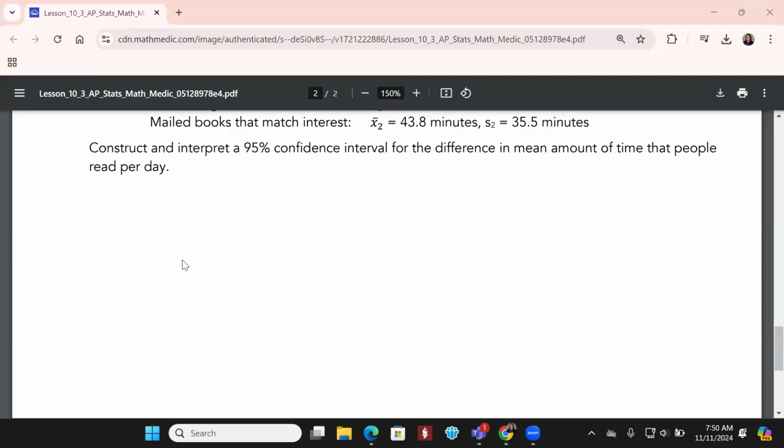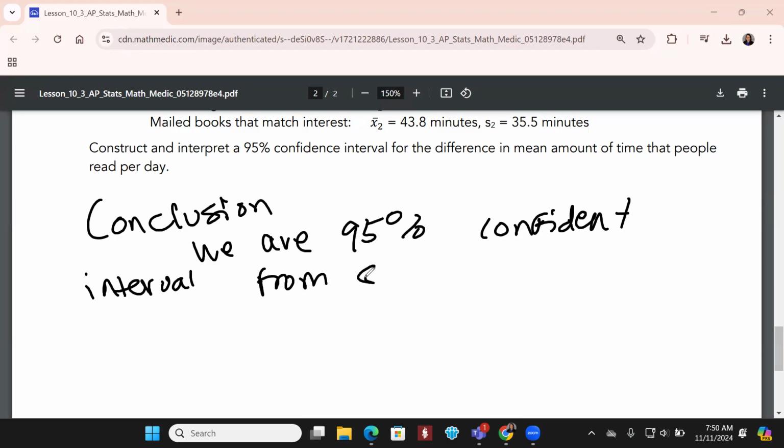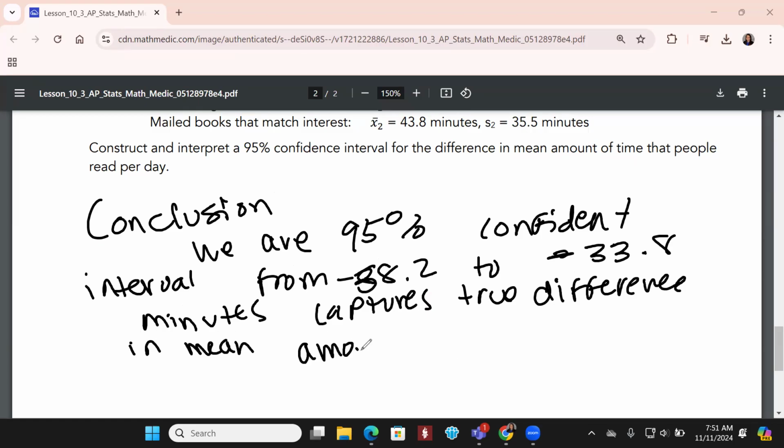we're doing the conclusion. So we are 95% confident that the interval from negative 38.2 to negative 33.8 minutes captures the true difference in mean amount of time reading.